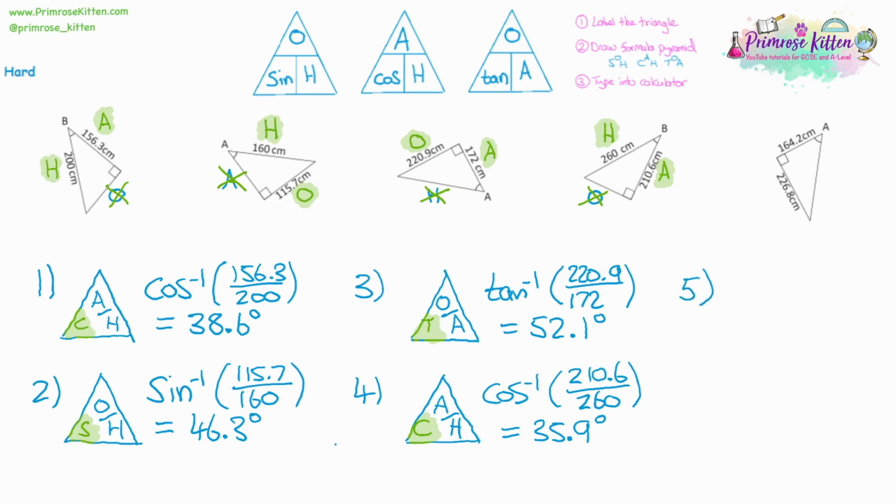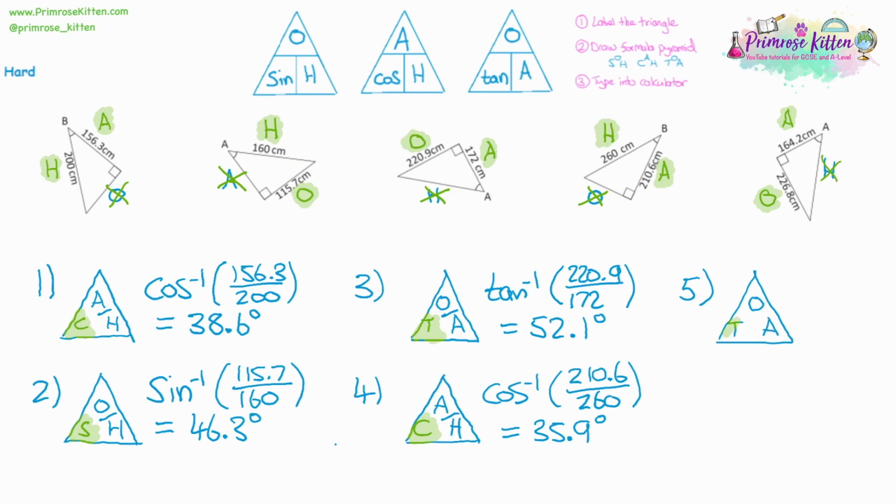Question 5, label the triangle, hypotenuse, adjacent, opposite. We had A and O as clues, and we have nothing for H. Our formula pyramid needs A and O in it. TOA has A and O, so T-O-A.